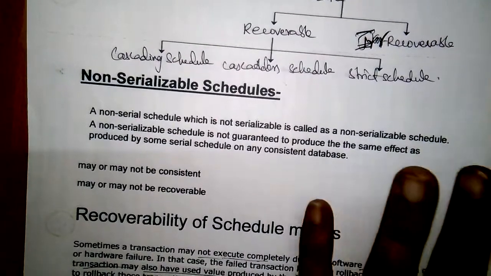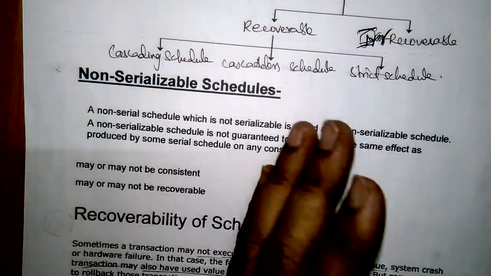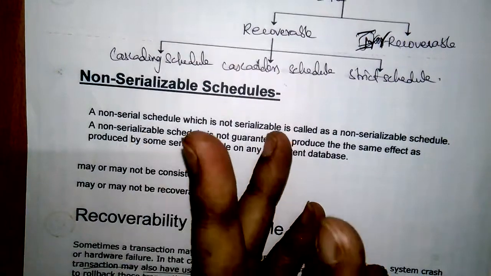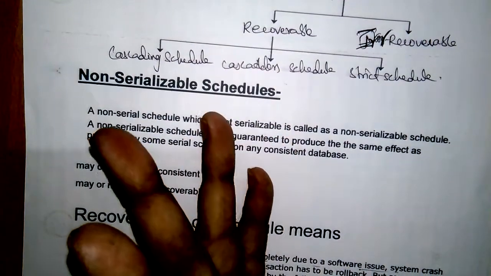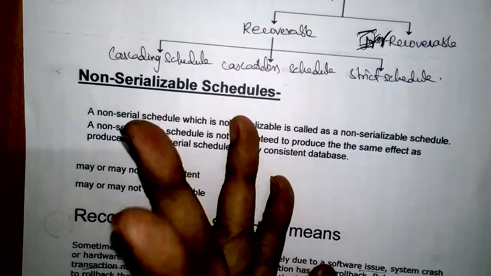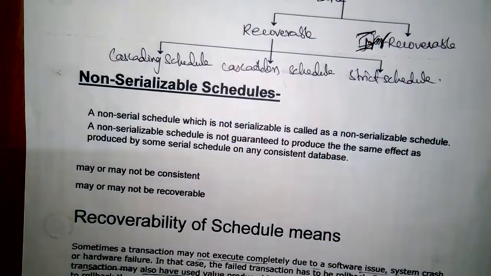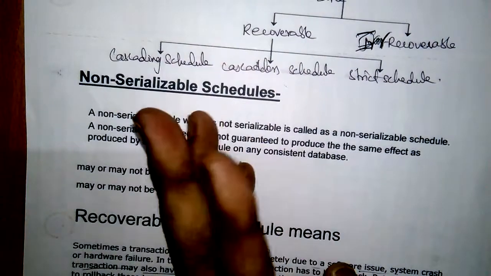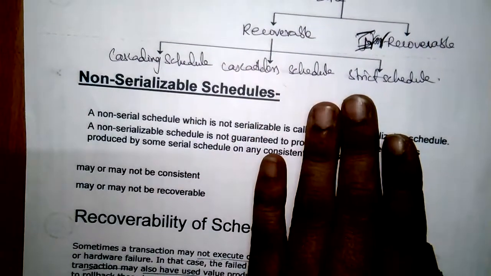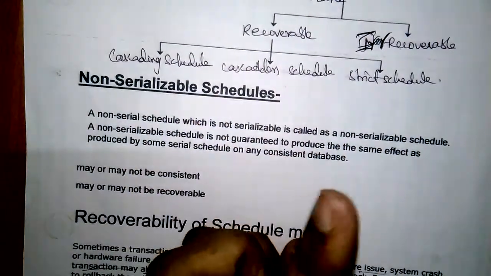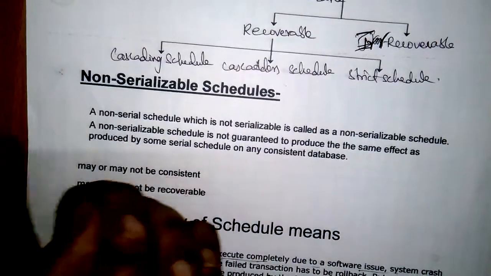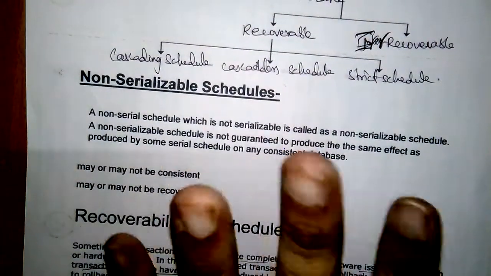So sometimes a non-serializable schedule will be in a consistent state or may not leave the database in a consistent state, and also the non-serializable schedules may be recovered or may not be recovered.